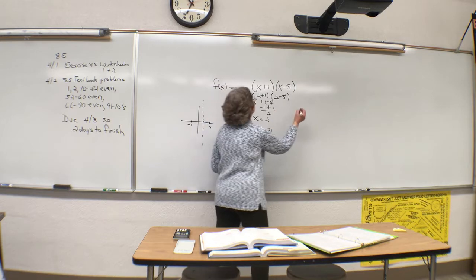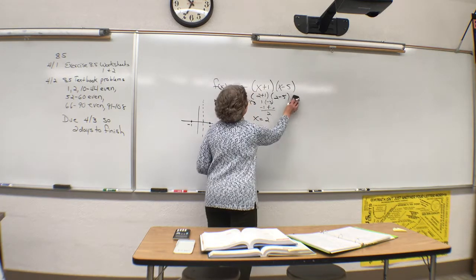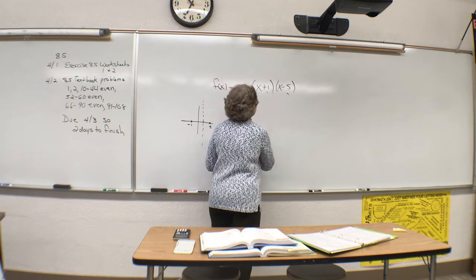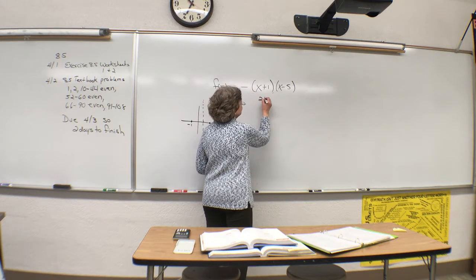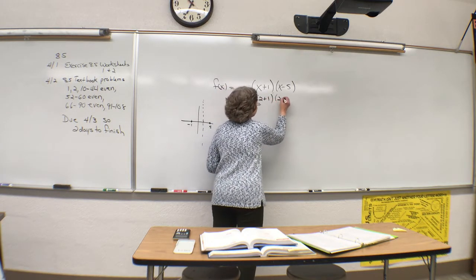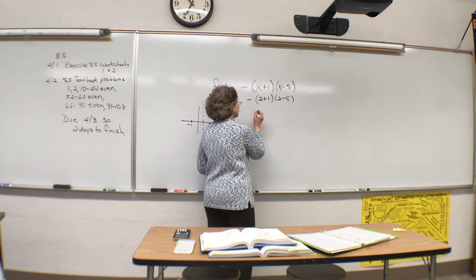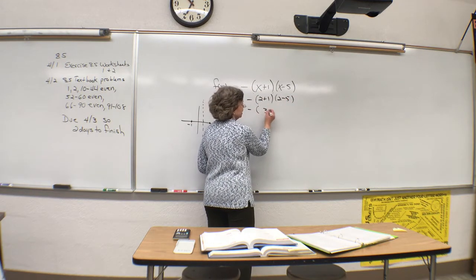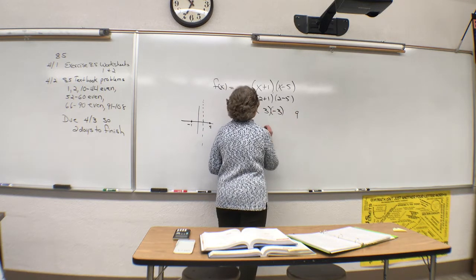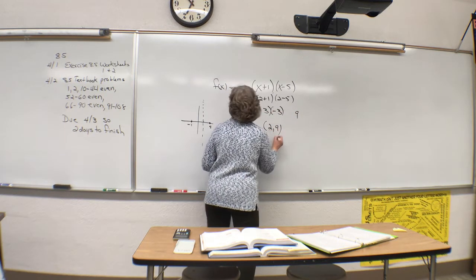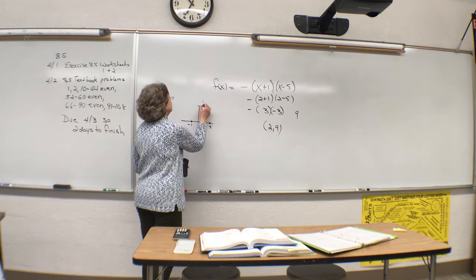I'm plugging, I should just do this again. We equals 2, and so we're plugging that back in, so I have 2 plus 1, and 2 minus 5, and I've got a negative sign out in front of that, so I have a negative 3, and another negative 3, so positive 9, and I've got a vertex at 2, 9, much better.